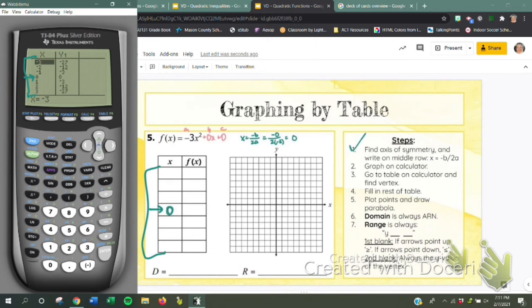So we want to make sure that we chose the right vertex. So we want to ask ourselves, do these rainbow each other? So here's our vertex, and then we should have the same 2 numbers, which we do. Same 2 numbers, same 2 numbers. Check. So that means that this is correct for our vertex, and that means that we can go ahead and use this to fill in our table instead of doing all the work.